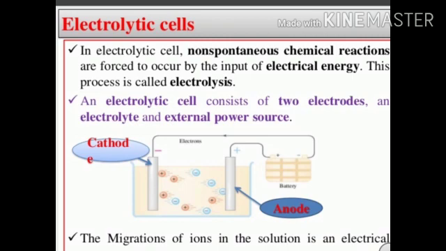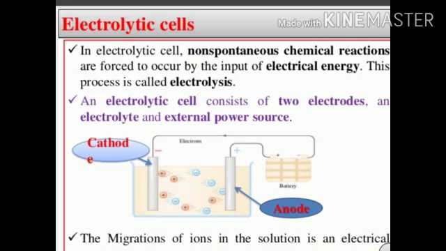So, positively charged ions move towards the cathode, hence are called cations, whereas negatively charged ions move towards the anode, hence are called anions. On reaching their respective electrodes, ions lose their charge and become neutral species.